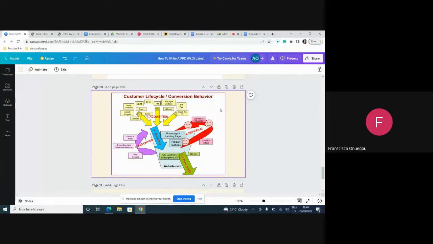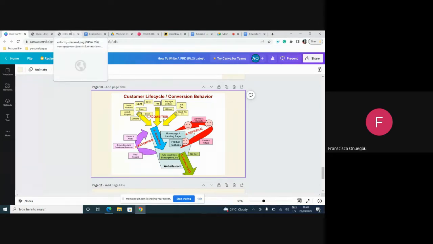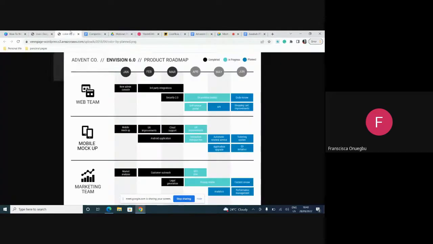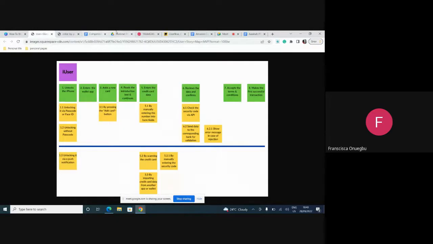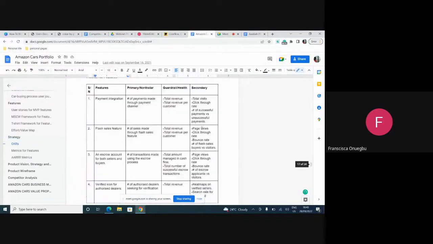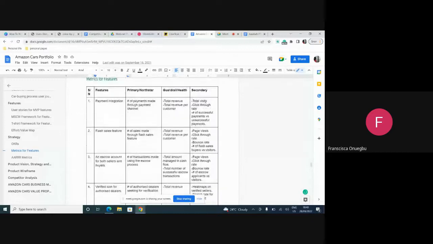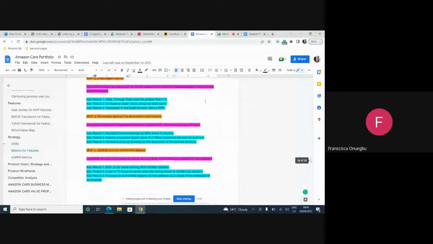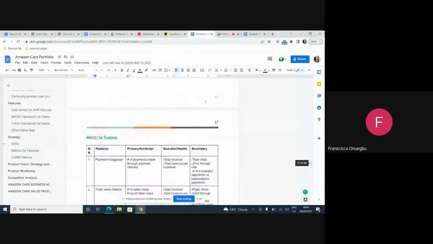So my question is, if based on your data as the PM, you have some features that you want to put into the product, but the CEO or the executive do not buy into the idea, and you have already told them, showed them data, facts, and figures, and they still insist on having a particular thing done their way. As a PM, what do you do?